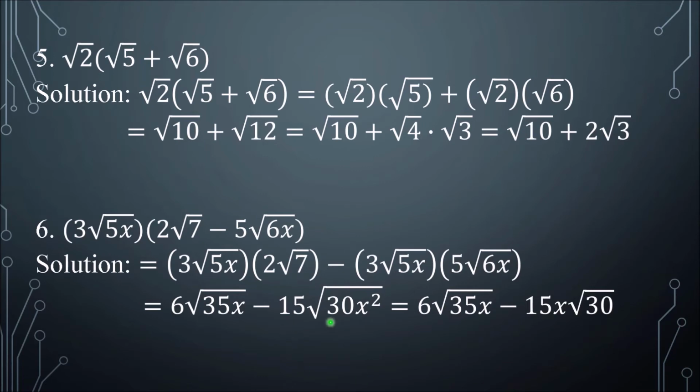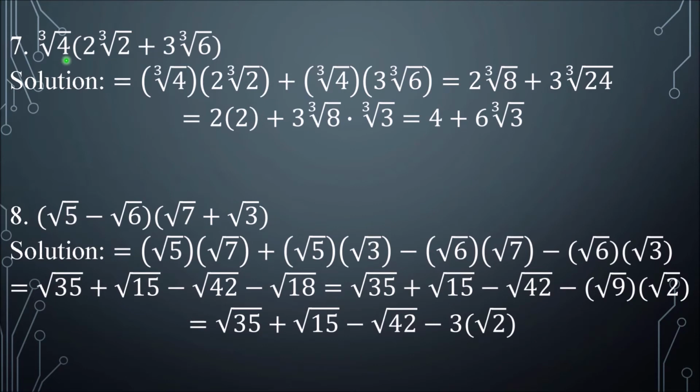Again, in this radicand, x squared is a perfect square factor. So we need to find the square root of that, and that will be x. So the remaining factor is 30. So it is still the radicand, because 30 is not a perfect square.